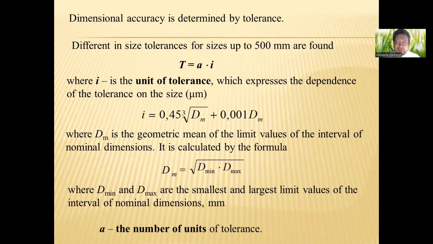Dimensional accuracy is determined by tolerance. Tolerances for sizes up to 500 millimeters are found by the formula T equals A multiplied by I, where I is the unit of tolerance, which expresses the dependence of the tolerance on the size, in micrometers.